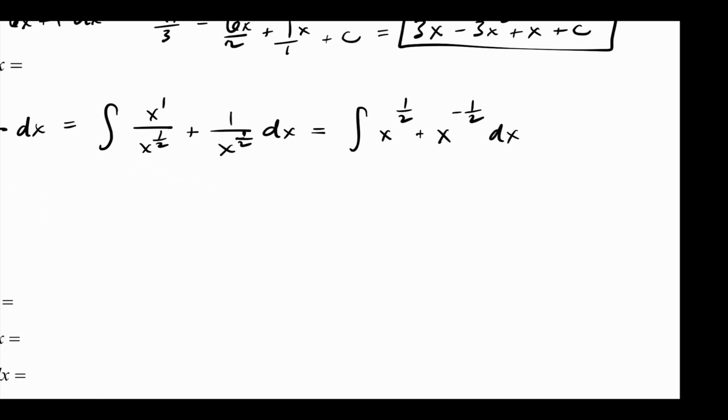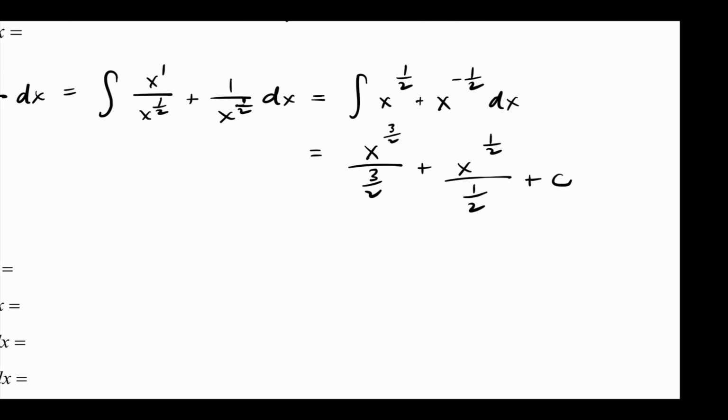Okay, now I can use power rule. Add 1 to the power. If I add 1 to the power, it's still going to be a fraction. It's going to be 3/2 now. And then I have to divide it by the new power. What's the rule again for dividing by fractions?